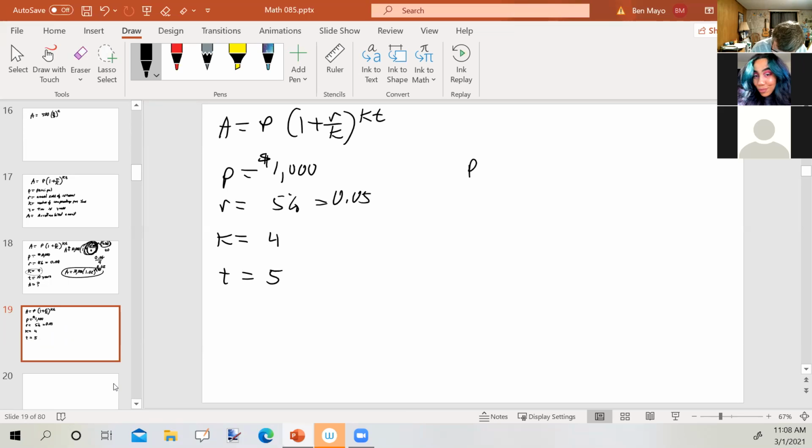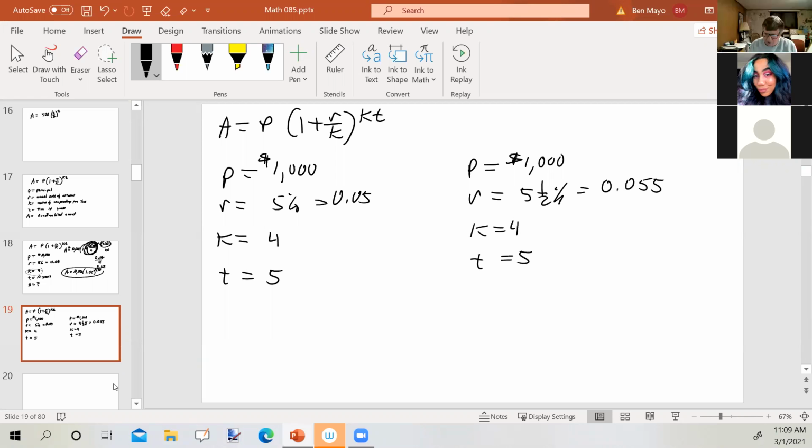In the second scenario, we're going to have the same amount of money, but the interest rate is 5.5%, which would be 0.055. Same number of compoundings per year, same time. So the question is, by raising the interest rate 0.5%, how much more money do we make?